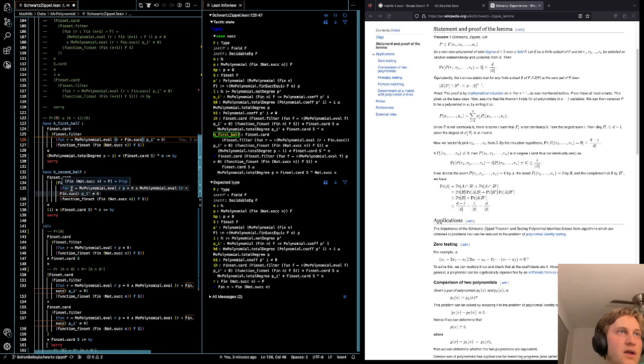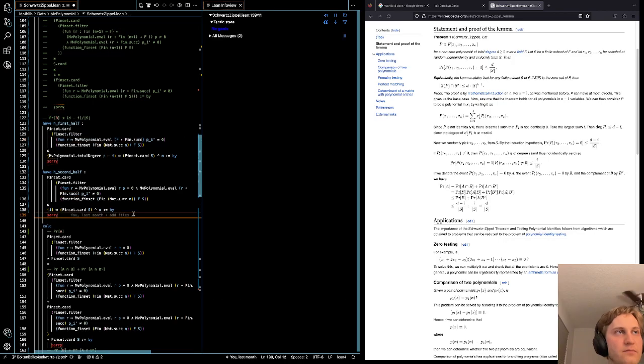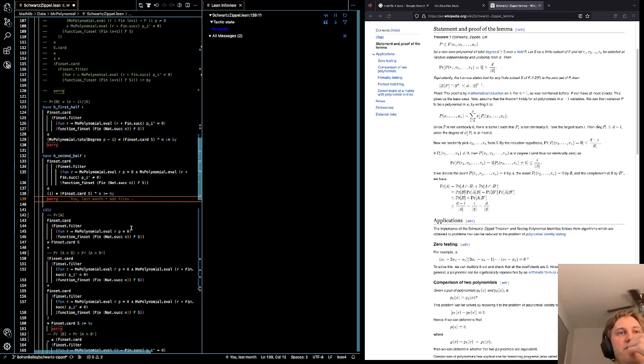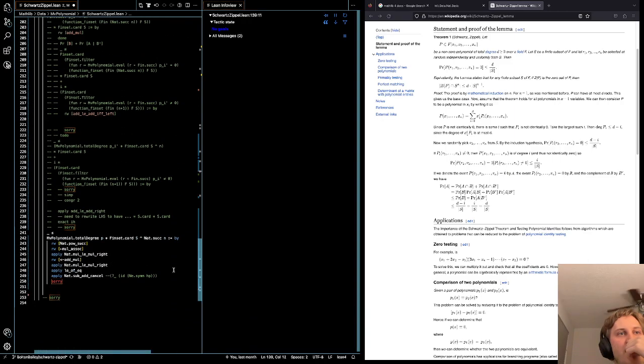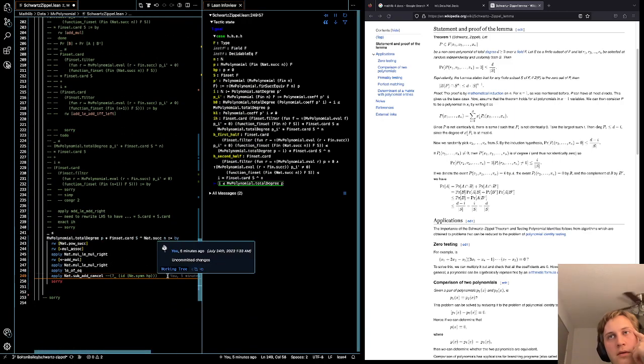Similarly, we have an r here, ranging over s to the n plus 1 different values, and if I divide through by s to the n plus 1, I get i over s. So I think that's correct, and both of those lemmas are going to end up being provable. Just double check that everything here is provable.